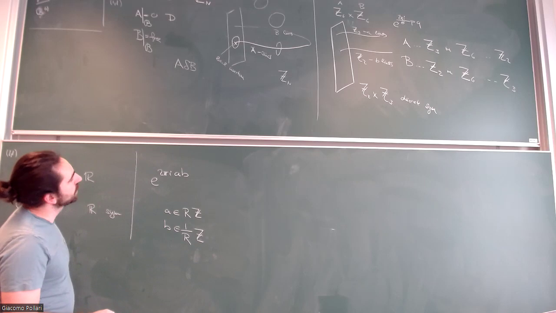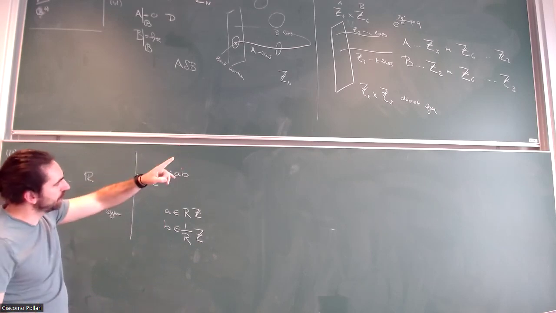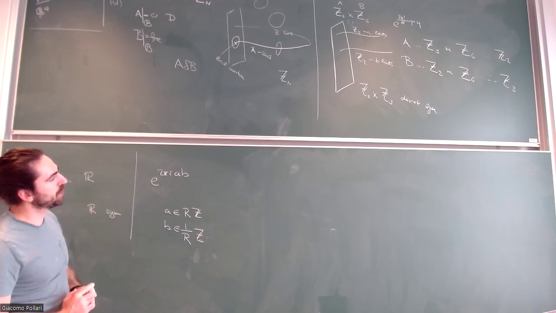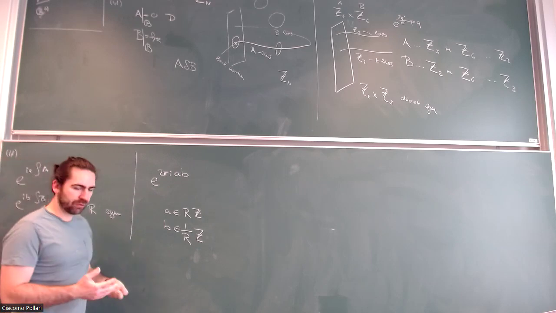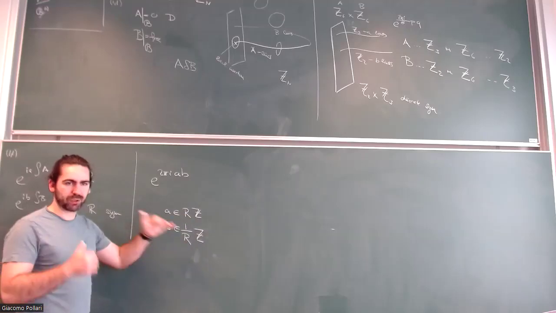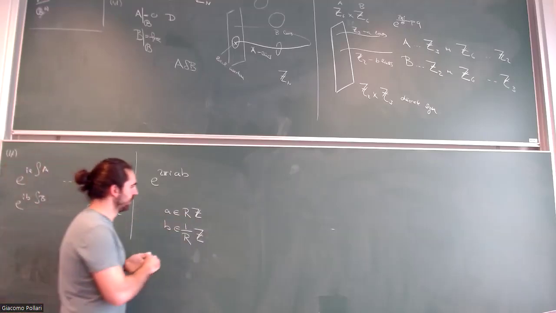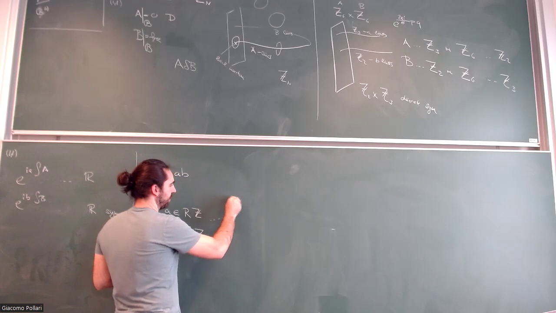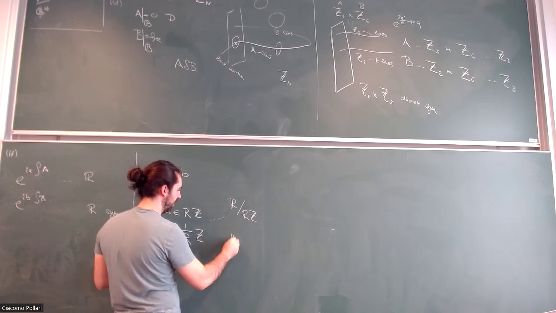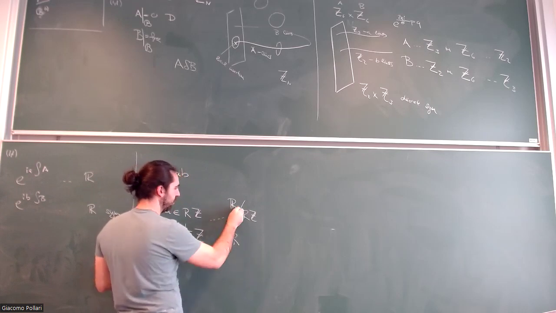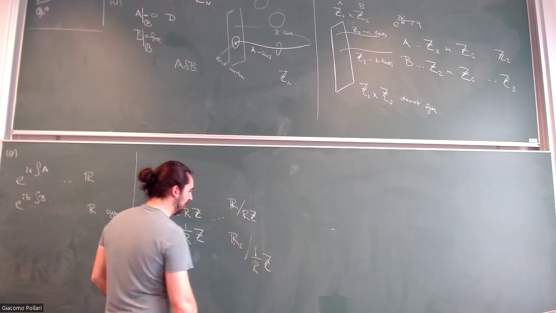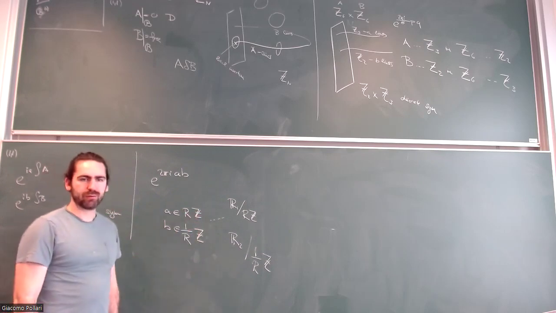And as it happened there, the symmetry operators, which can act on these lines, are the original spectrum modded out by these subsets which can end, right? It's the complement. So here I take the first R and I mod out by this R Z. And here I take the second R, make it 1 over R, and I mod out by 1 over R Z. Well, both of them are topologically circles, right?